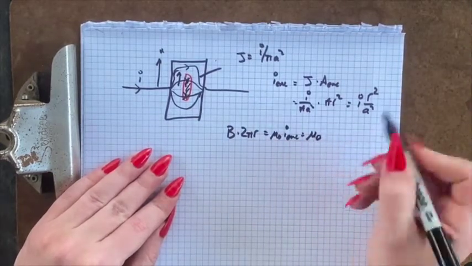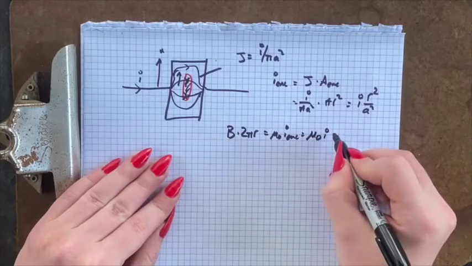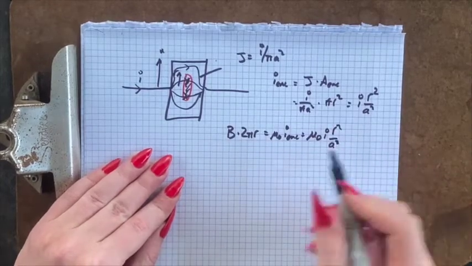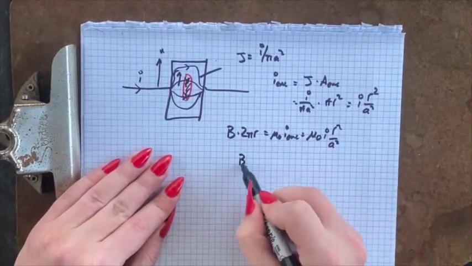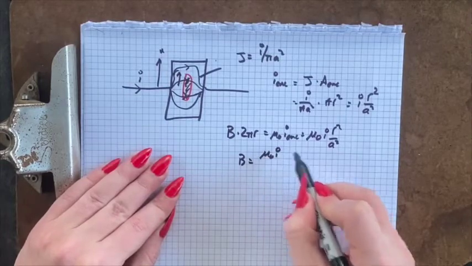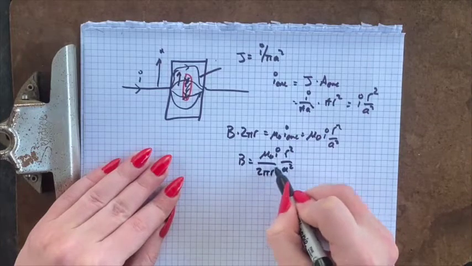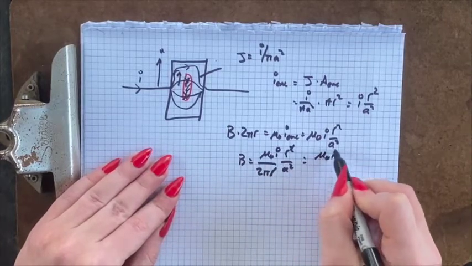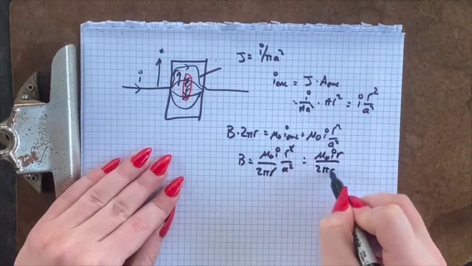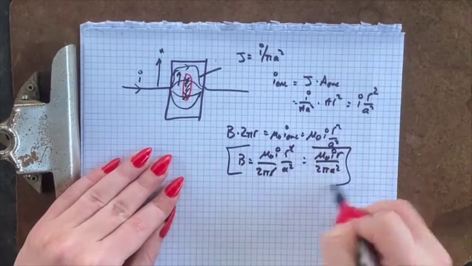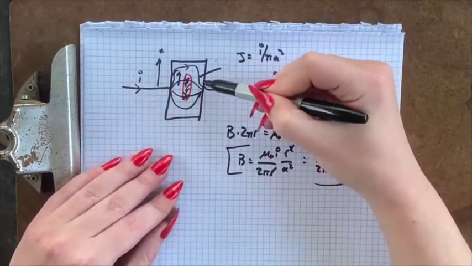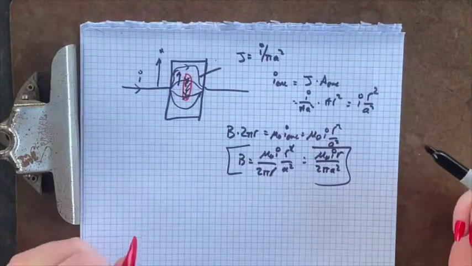That looks like mu naught I r squared over a squared. And then we'll divide this over and say B is mu naught I r squared over a squared over 2 pi r. And there we go. That's our magnetic field at any point inside the thick wire.